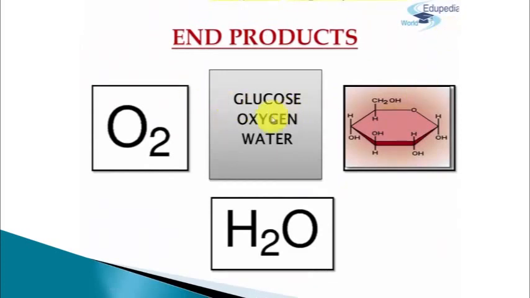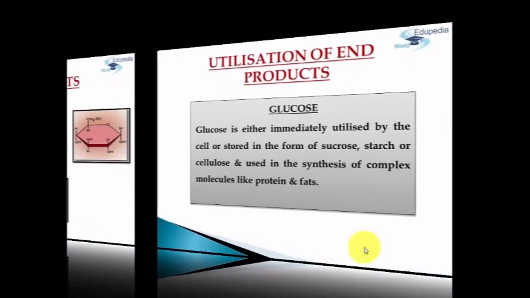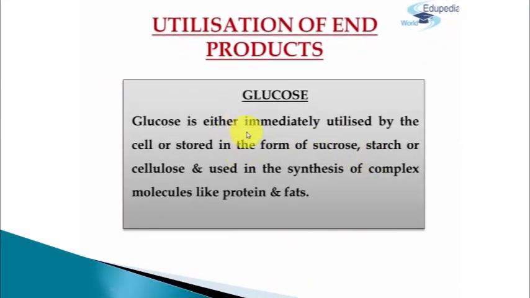Glucose, oxygen and water. These three are the end products of photosynthesis. Glucose is either immediately utilized by the cell or stored in the form of sucrose, starch or cellulose and used in the synthesis of complex molecules like protein and fats.